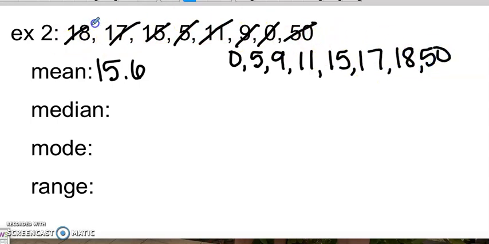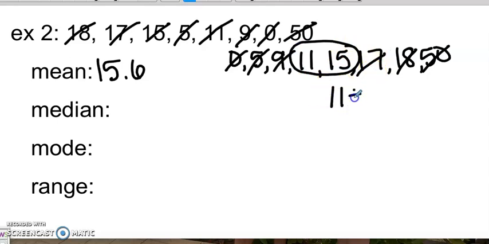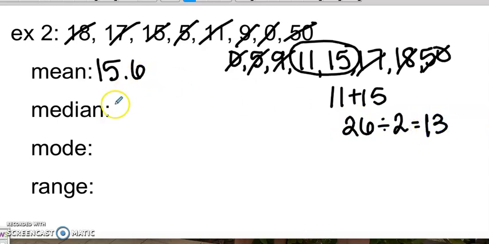So to find the middle number, I cross out numbers until I get to the middle one. Well, in this case, I have 2 that are in the middle. So I take those 2 and I add them together. 11 plus 15 is 26, and then I divide it by 2, and 26 divided by 2 is 13. So my median is 13.